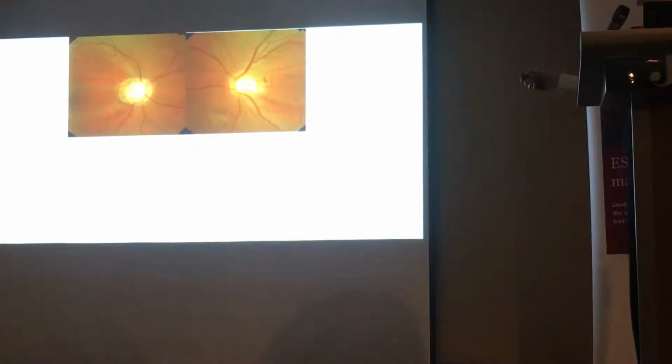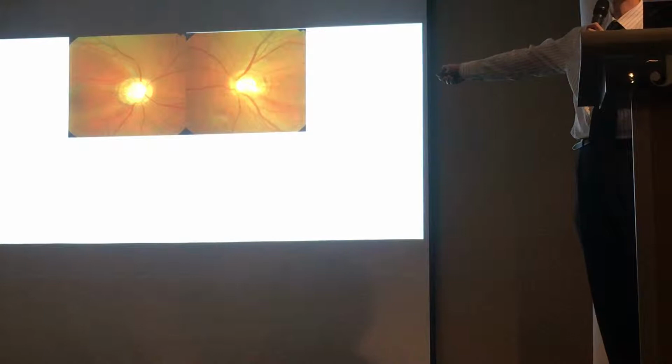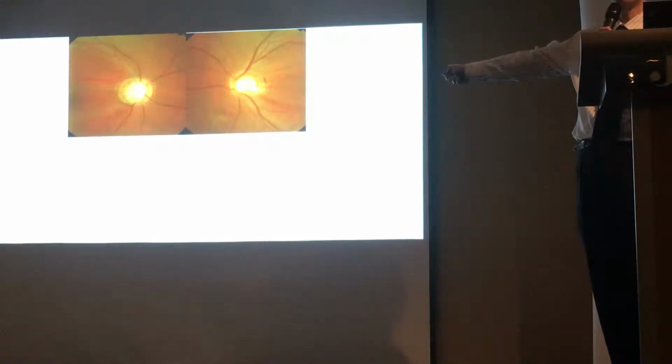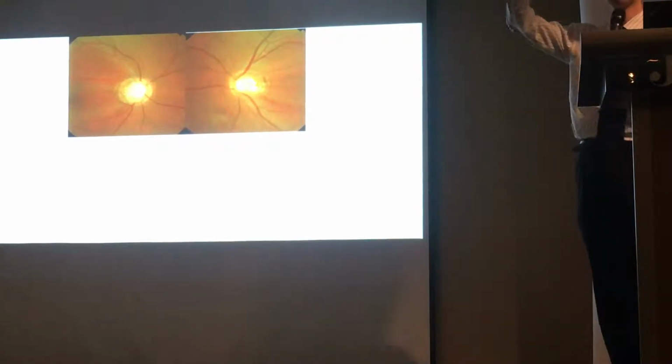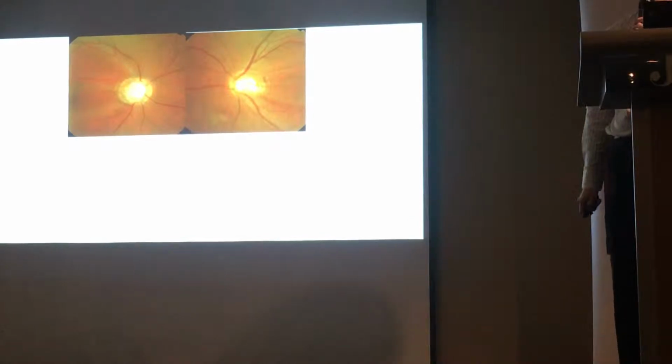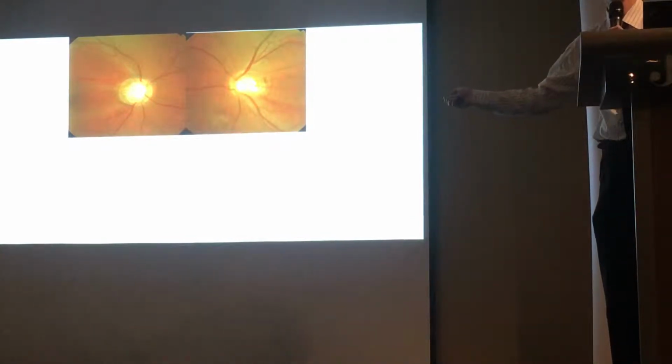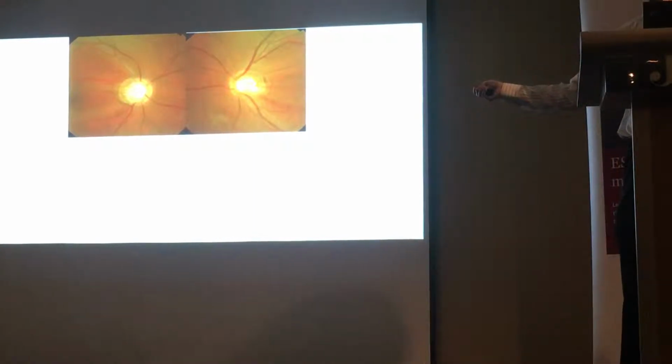If you look at this pair of optic disc photos, both eyes of the same patient, what would you say is an obvious abnormality? Just shout out. Is this abnormal? He's got this ratio.